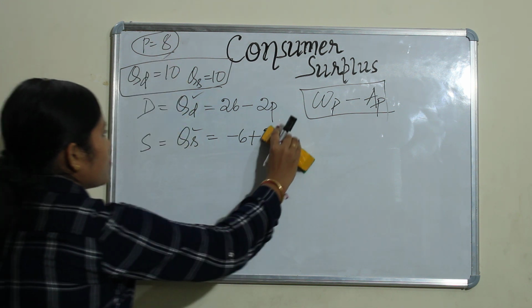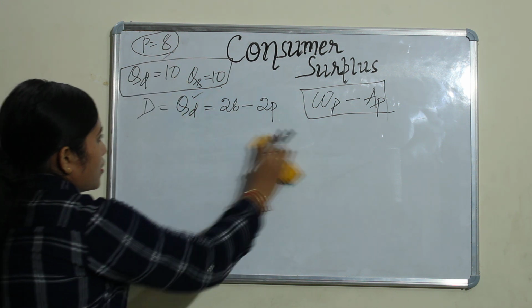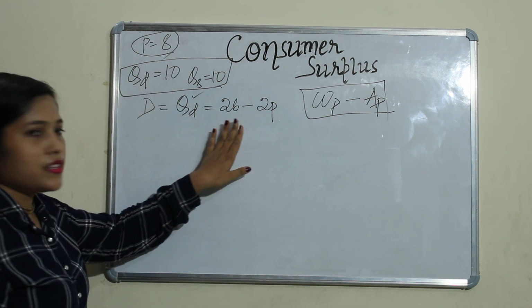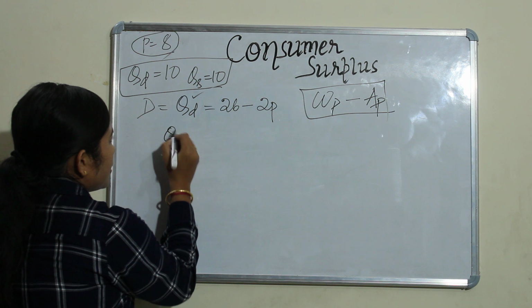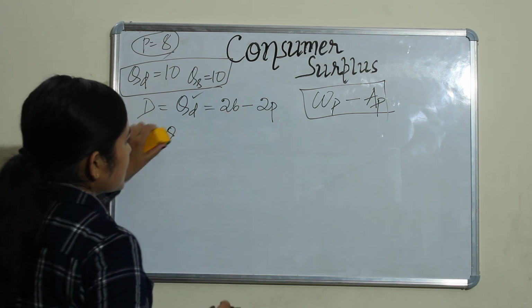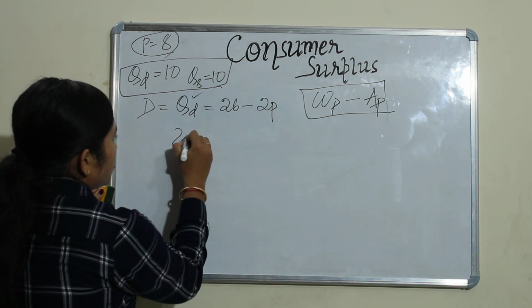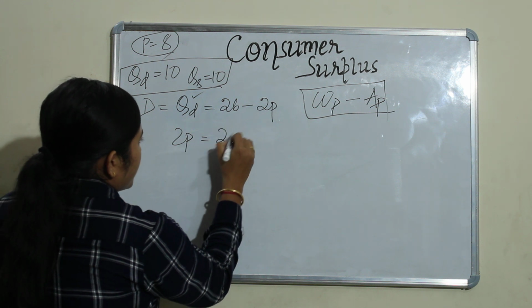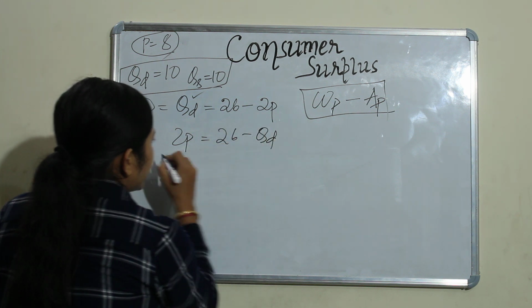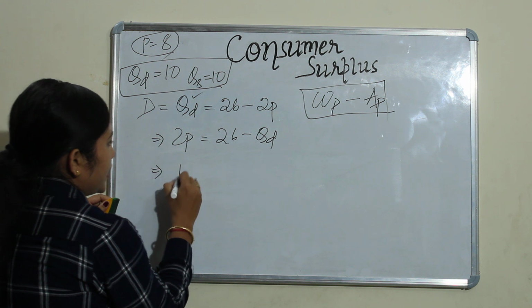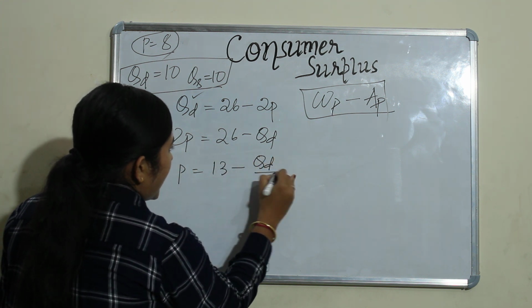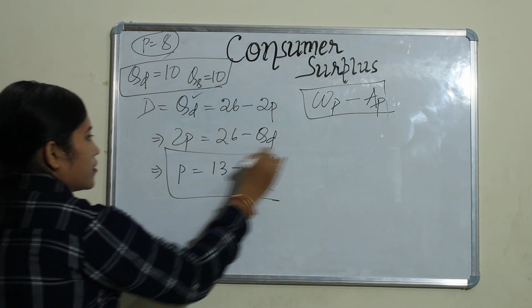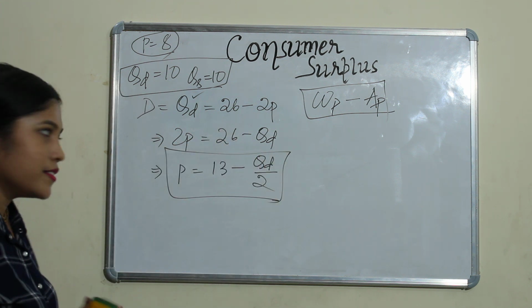So let's just remove it. Now we will convert this equation in the form of P. QD equals 26 minus 2P. So 2P equals 26 minus QD. So P equals 13 minus QD by 2. Equation we got, yes or no?